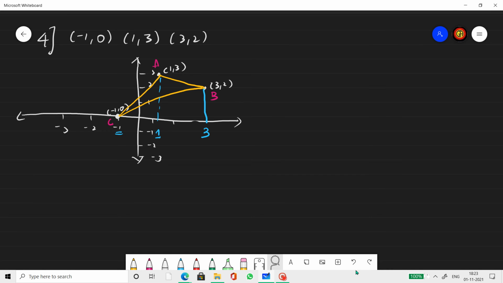Now when I integrate this line with limit minus 1 to 1, I'll get this triangle kind of area. So adding both will give me the entire area of this whole region. Now I need to subtract this. So integrate this line with limit minus 1 to 3.